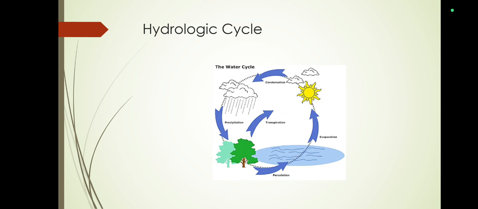So, in this schematic representation of the hydrologic cycle, a convenient starting point to describe the cycle is the ocean. Water in the ocean evaporates due to heat energy provided by solar radiation.